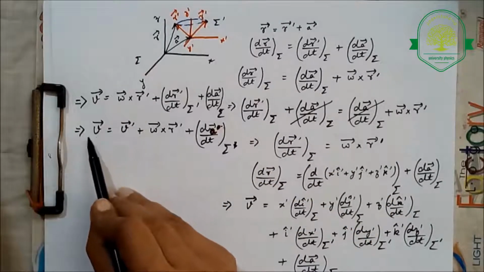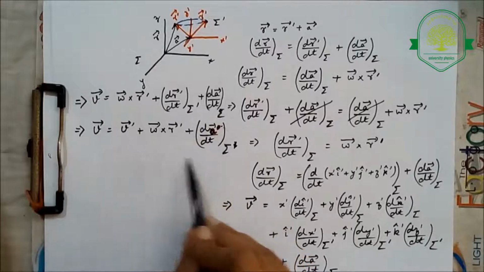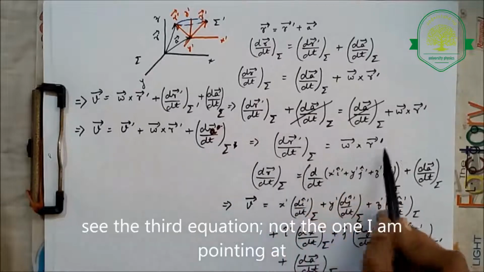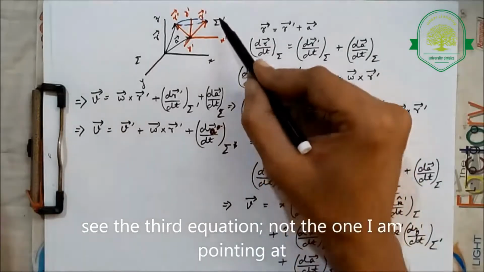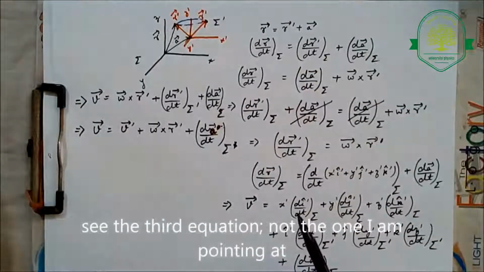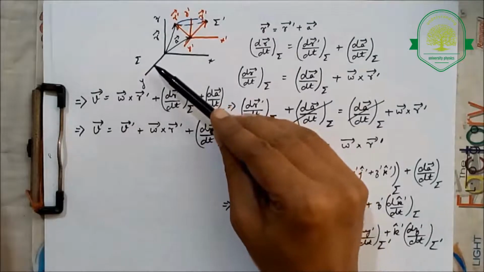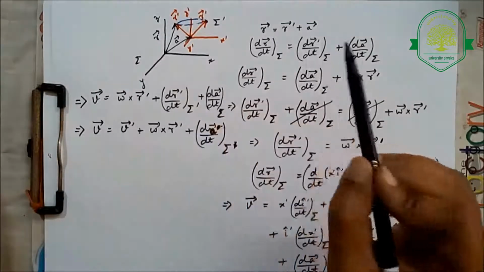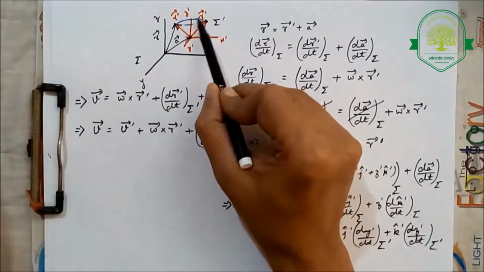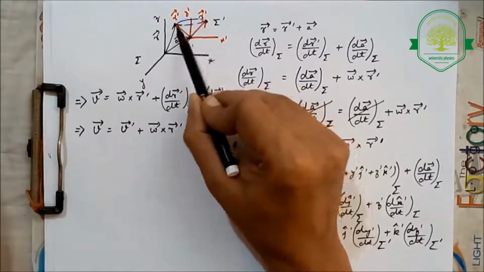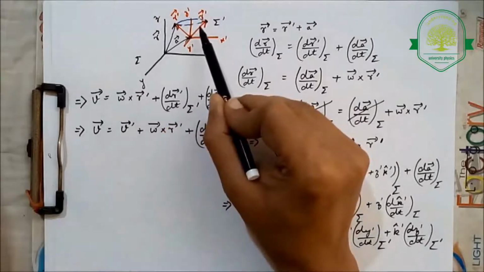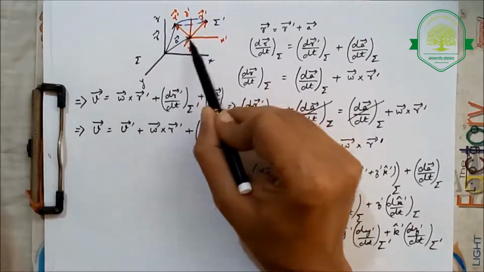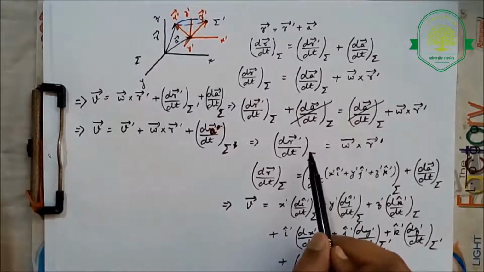So the only difference between this equation and the earlier equation was for a vector which is stationary as seen from the primed frame of reference. Therefore, as seen from the unprimed frame of reference, it was rotating, as well as translating because of the translation of the primed frame itself.